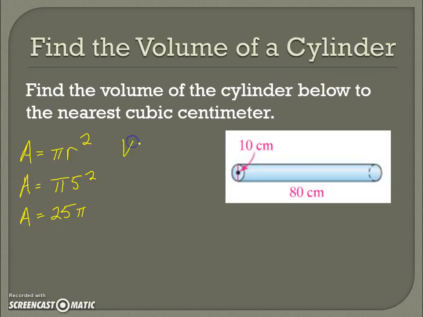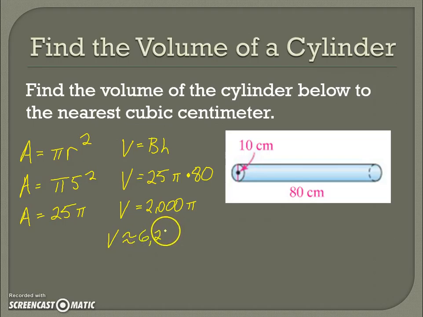Now to find the volume, remember that is the base times height. So my base is 25 pi. And then my height is 80. So I do 25 times 80, which equals 2,000 pi. And then to find an approximation, I could go ahead and put this in my calculator, multiply by 3.14, and I get approximately 6,283.19.